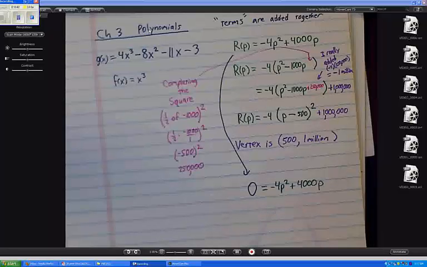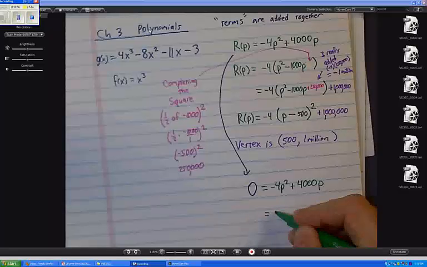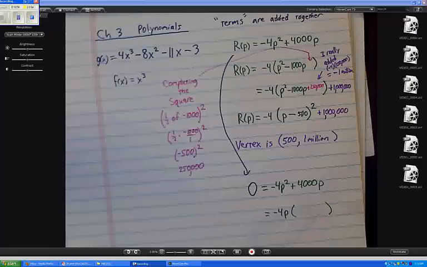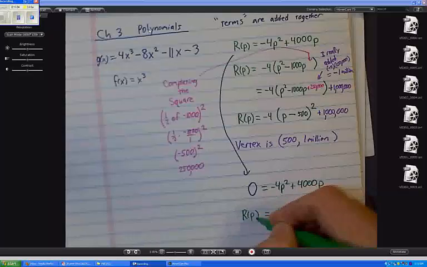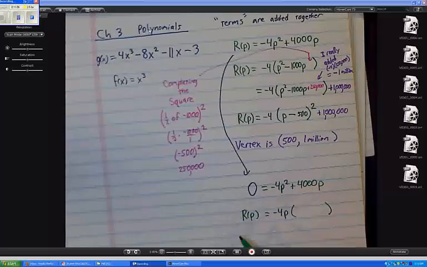Well, that's the key, is that you can do what's called factoring. Okay? If we have an equation equal to 0, and if we can factor, we're in good shape. So you're telling me you could take out negative 4p. So that's a nice way to write the function, right? Here, let me rewrite r of p this way. R of p is actually equal to, look at all these different ways I wrote it.